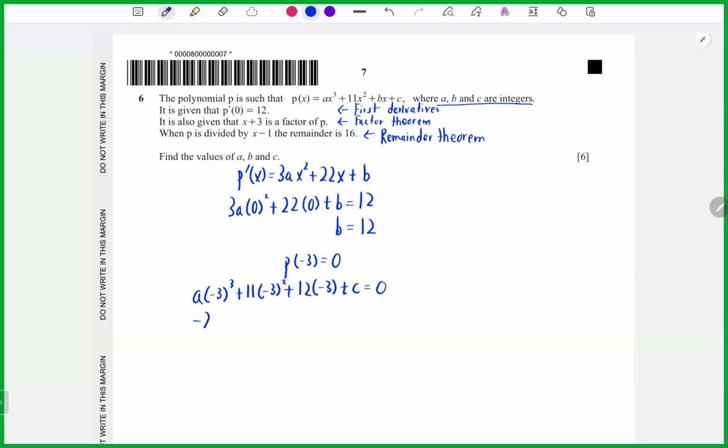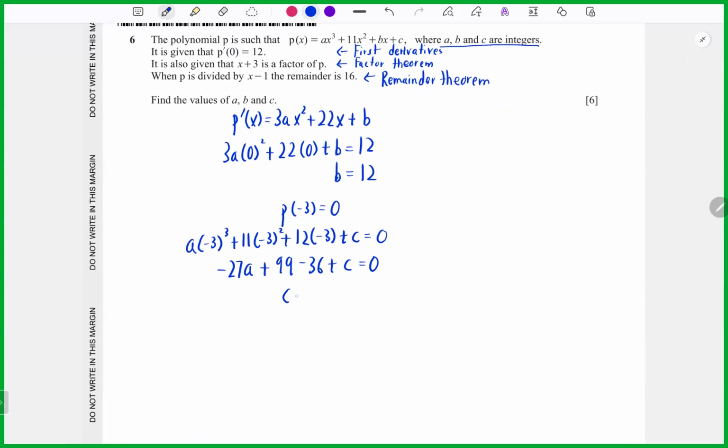Here we get negative 27a plus 99 minus 36 plus c equals 0. Let's simplify: c minus 27a plus 63 equals 0. So c equals 27a minus 63.